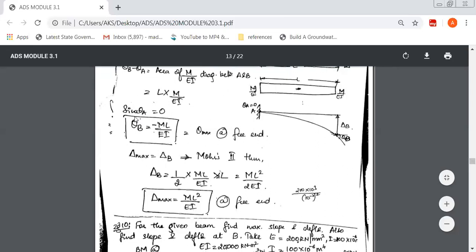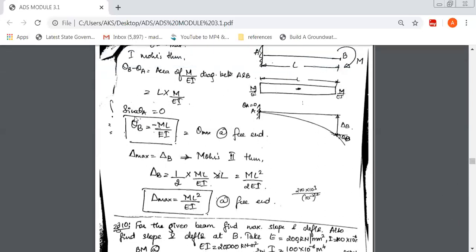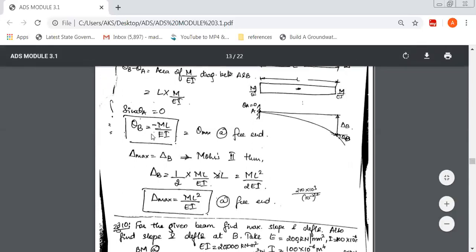Since theta A is 0, because no rotation is happening there, theta B is equal to M into L over EI. Again, area can never be negative, so just ignore this, and it is ML over EI. So this is at the free end.